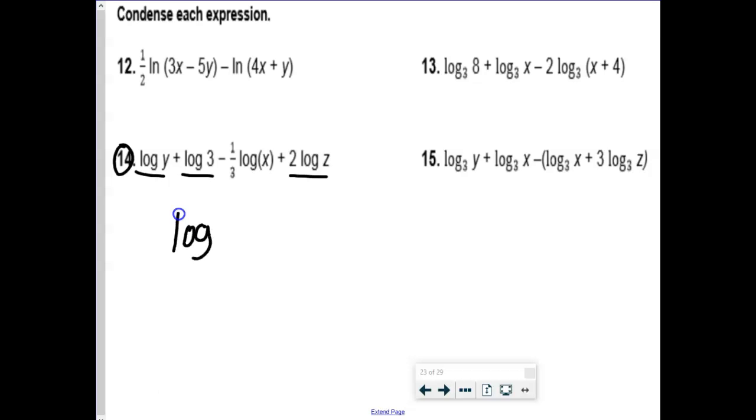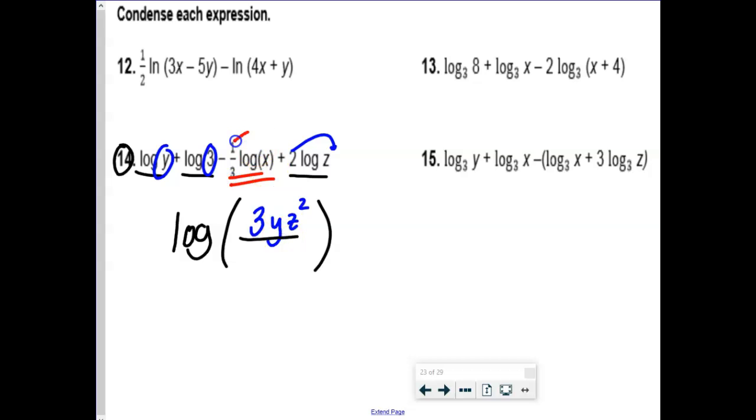So if you were condensing number 14, we have a common log of everything up in the numerator, we got a y, we got a 3, and we have a z to the 2nd power. So order doesn't matter so much, but math kind of likes it in this order. But down in the denominator, you've got this one, which the 1/3 would go up. And I wouldn't write x to the 1/3. What would a pre-calc student write? The cube root of x. There we go.